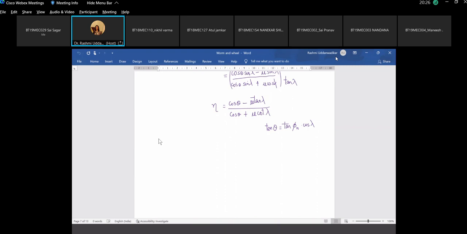We are going to solve a problem on worm and worm wheel design. A hoist is to be designed to lift 20 kilonewton load at a velocity of 100 meters per minute.